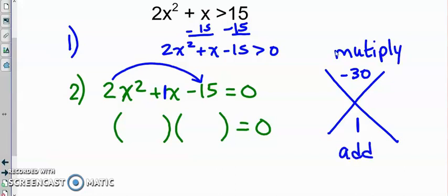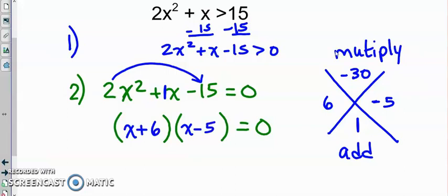With that, we should be able to see really quick, that should be 6 and negative 5. 6 times negative 5 is negative 30, but 6 and a negative 5 added gives us a positive 1. All right? So here we have x plus 6, x minus 5.